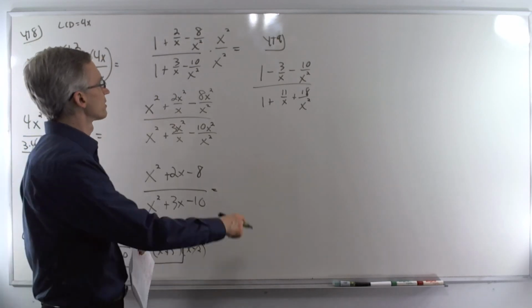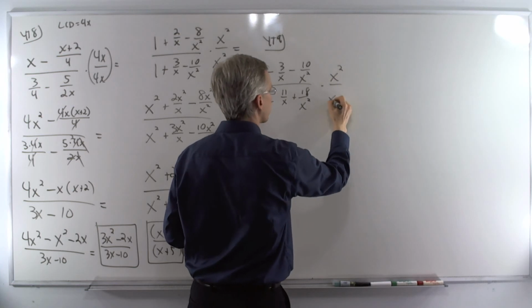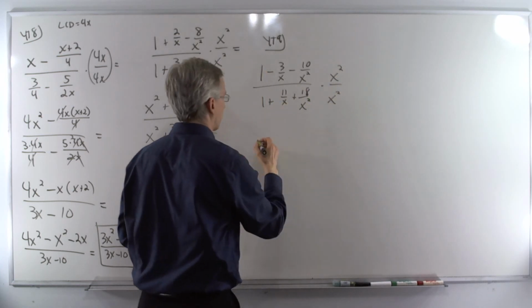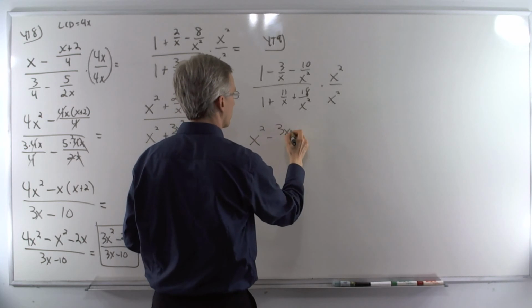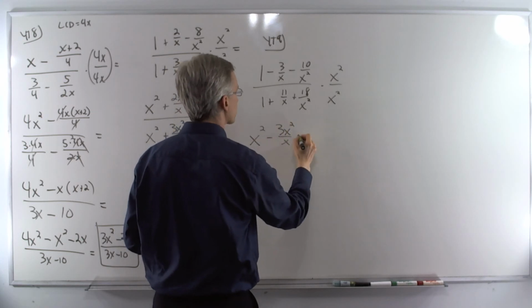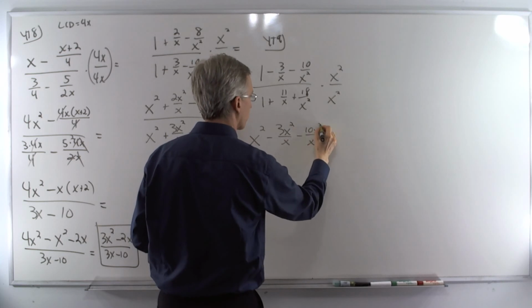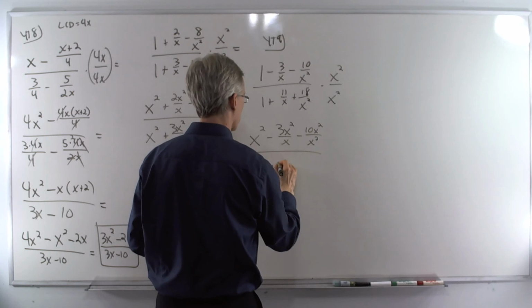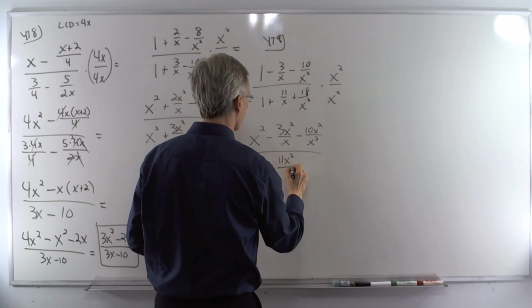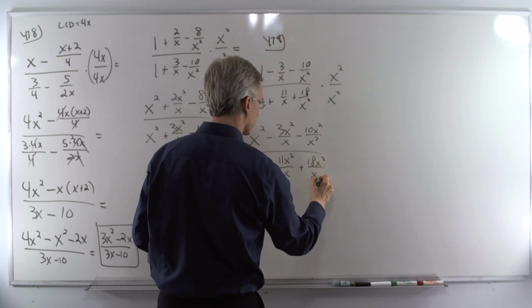All right, so same deal. The LCD is x squared, so we're going to multiply by x squared over x squared and distribute. That gives us x squared minus 3x squared over x minus 10x squared over x squared. And on the bottom, x squared plus 11x squared over x plus 18x squared over x squared.